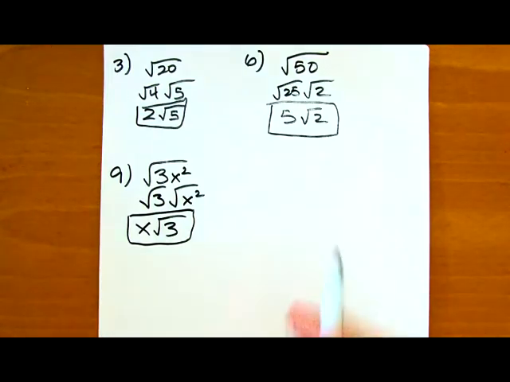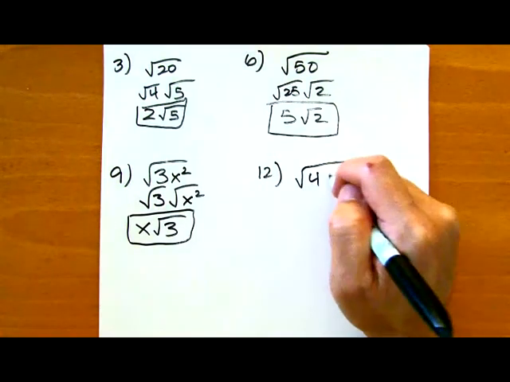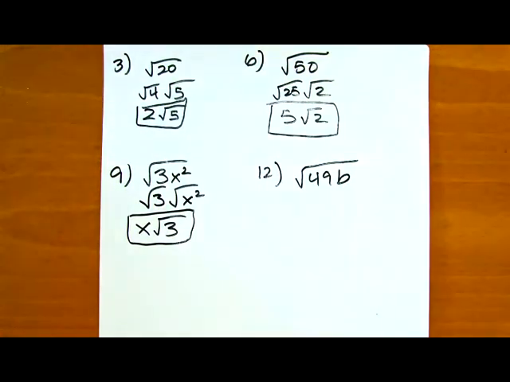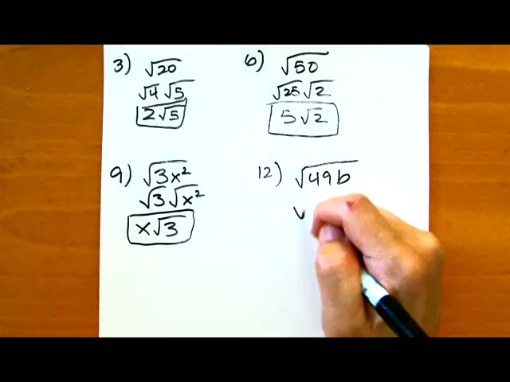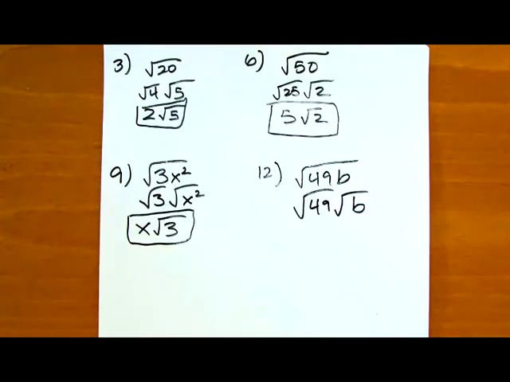Number 12. Square root of 49b. I'll split it up. Number, variable. Can we square root either of those? 49.